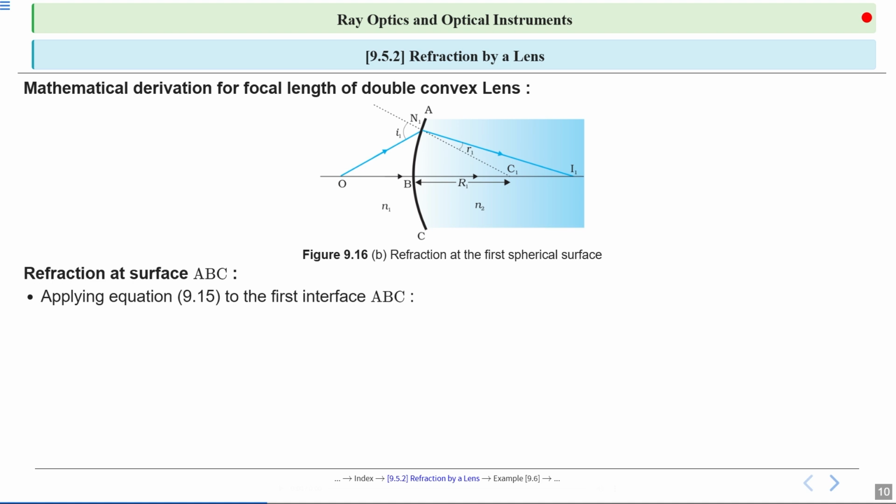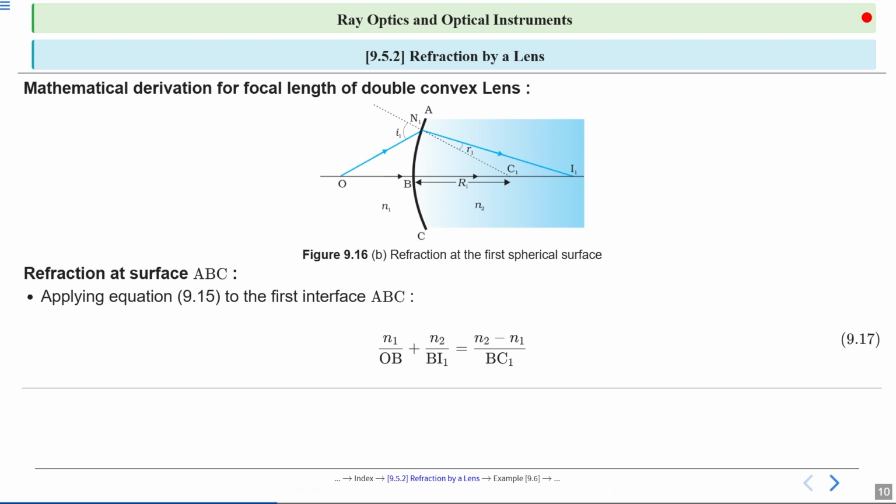We are using that equation here for the first interface ABC. n1 is the medium in which the object is placed: n1 upon OB, where OB is the object distance, plus n2, the refractive index of the medium in which the image is formed, upon the image distance BI1, equals n2 minus n1 upon the radius of curvature of this spherical surface, BC1.